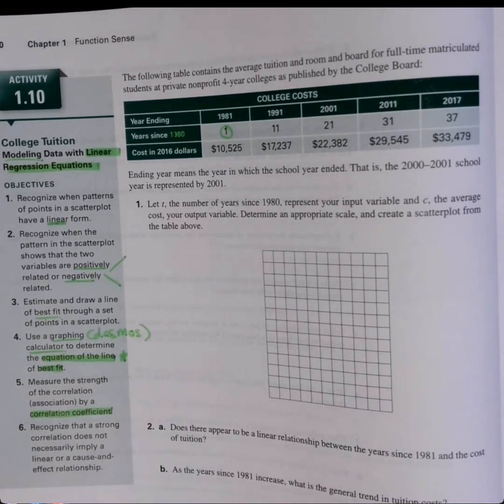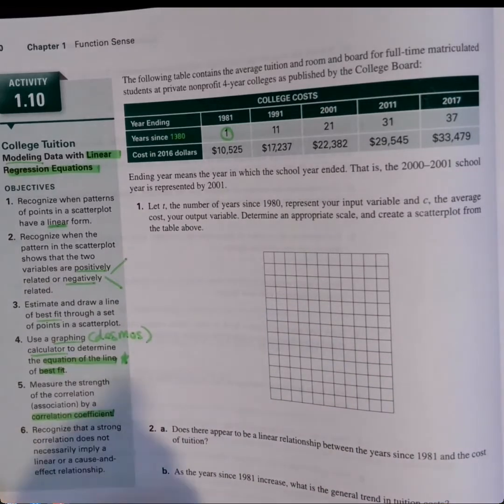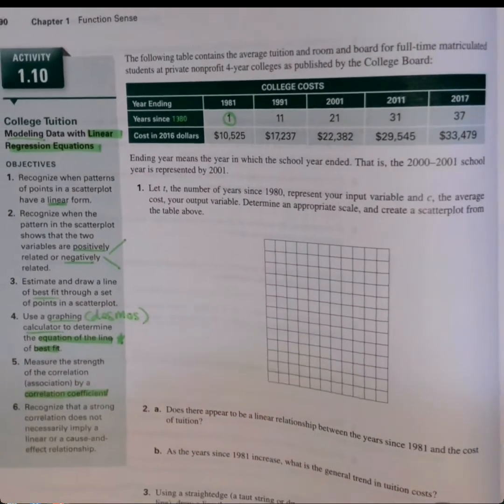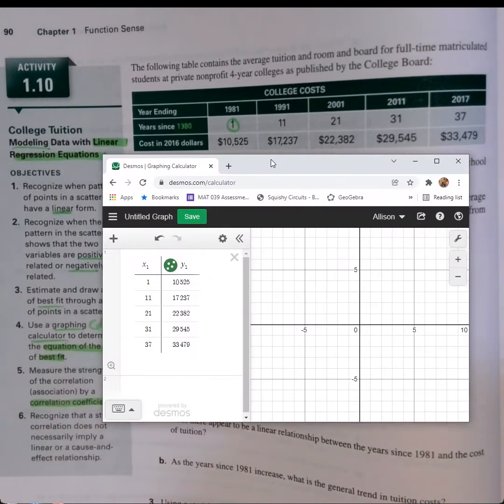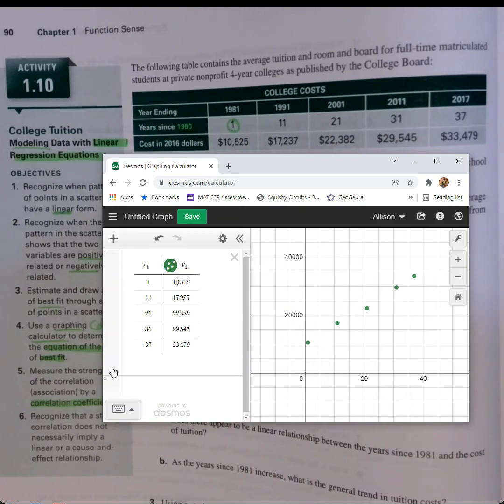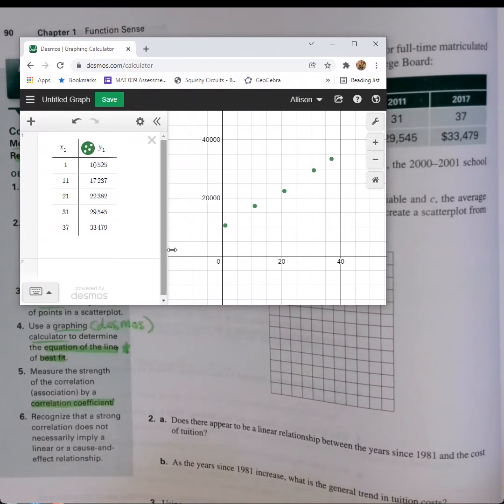The first thing we want to do is draw our scattergram. When we make a scattergram, we don't need to make it on paper right here. We're going to make it in Desmos, and I've actually already typed in my values into my Desmos graph. I haven't zoomed yet, so I'm going to zoom fit on those and see that data plot. All right, so I can see what my scattergram looks like. You can imagine I would draw it here.